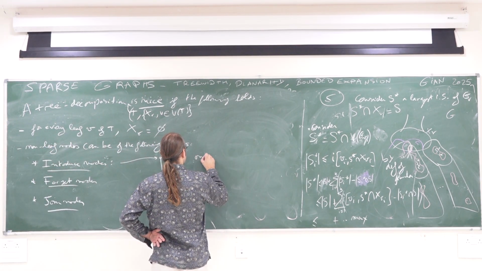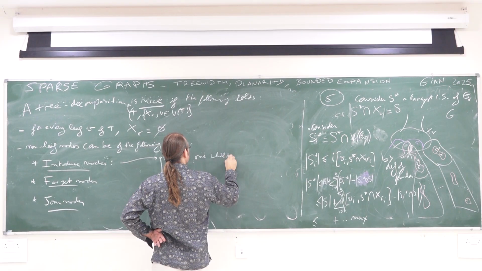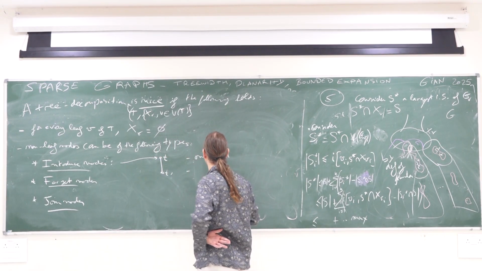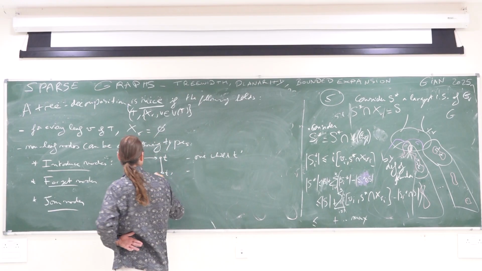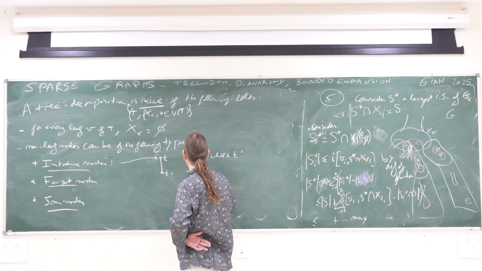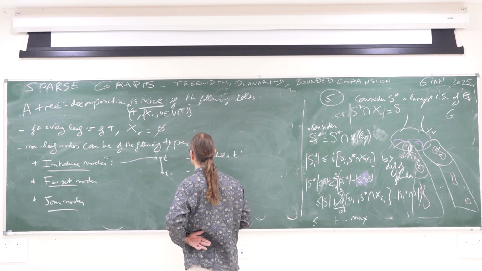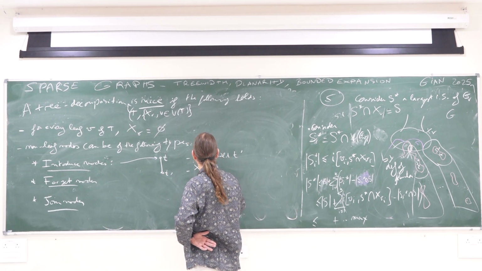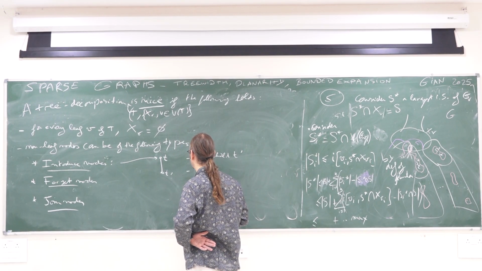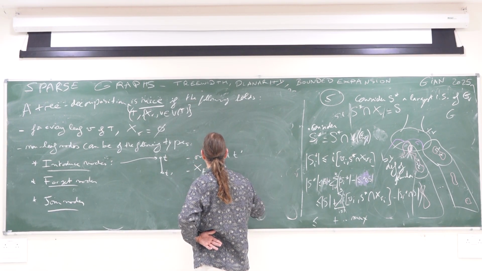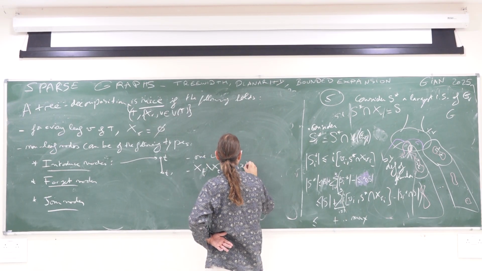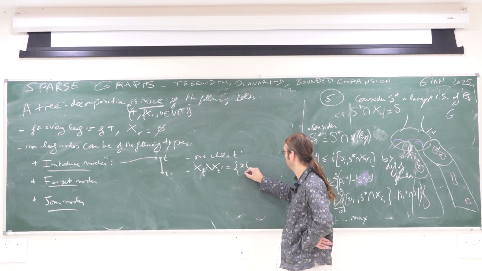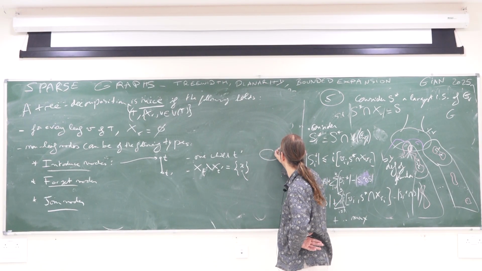The difference X_t minus X_t' will be some vertex x.